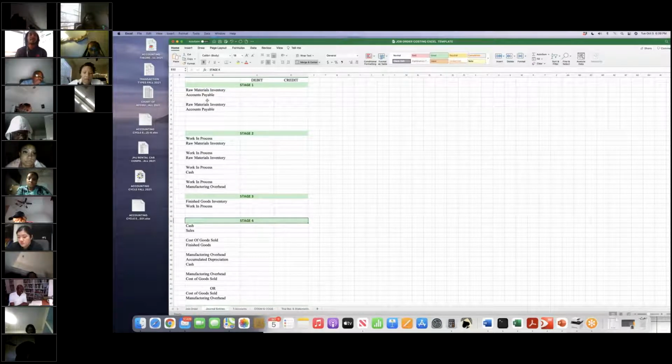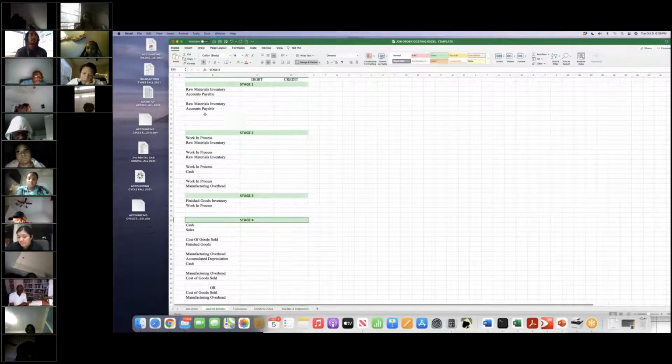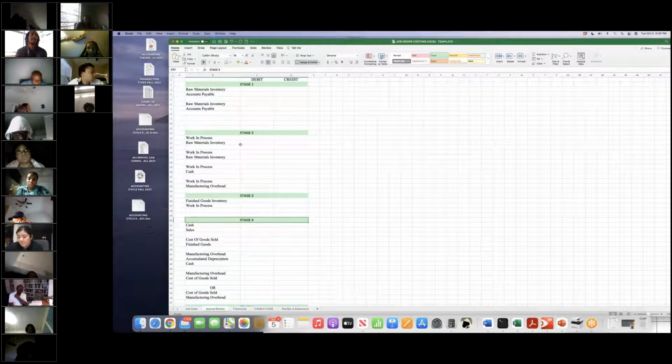In stage 1, we're going to purchase the raw materials. And we might form the corporation and buy some equipment and all of that too. In step 2, we're going to make the item, so we debit work in process each time. Then in step 3, we transfer it out to finished goods.